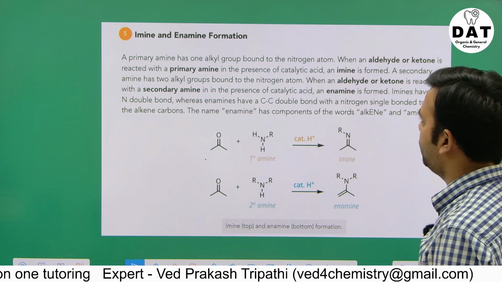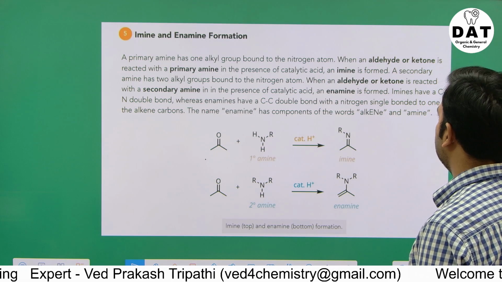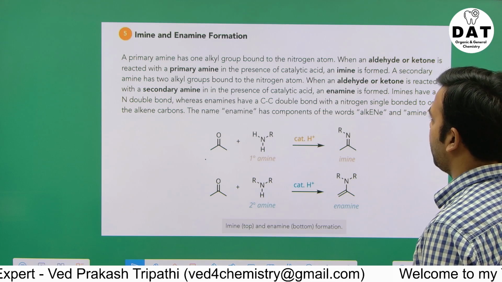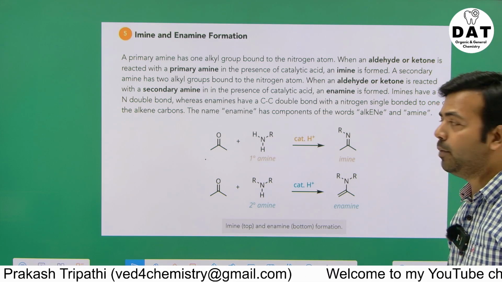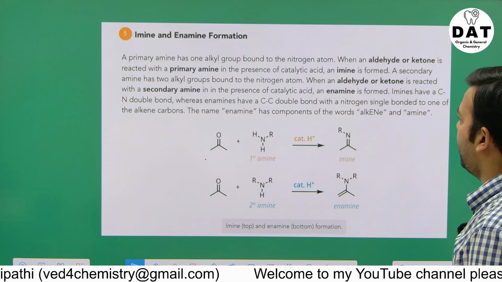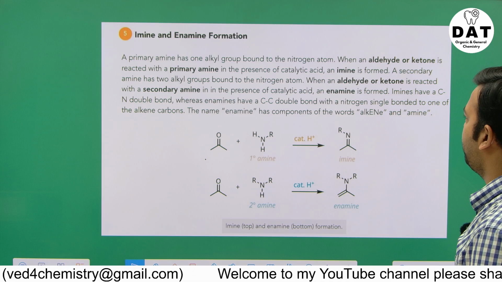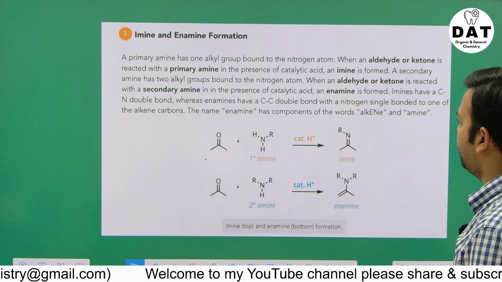When aldehyde and ketone react with the primary amine in the presence of catalytic acid, an imine is formed. A secondary amine has two alkyl groups bonded to the nitrogen. When aldehyde and ketone react with the secondary amine in the presence of catalytic acid, enamine is formed. Imine has a CN double bond, whereas enamine has a CC double bond, and nitrogen single bonded to one of the alkene carbons, then the name is enamine.